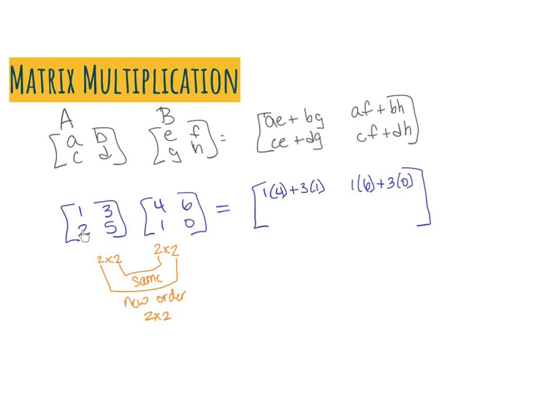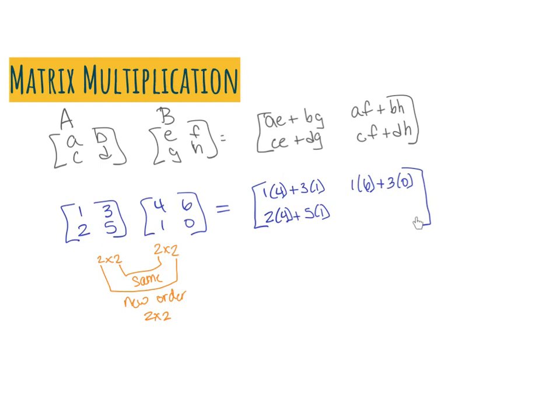So corresponding parts are going to be 2, which is in the first position, and 4, which is in the first position, and 5, second position, and 1 in the second position. So let's write it out. Our corresponding parts are going to be 2 times 4 plus 5 times 1.